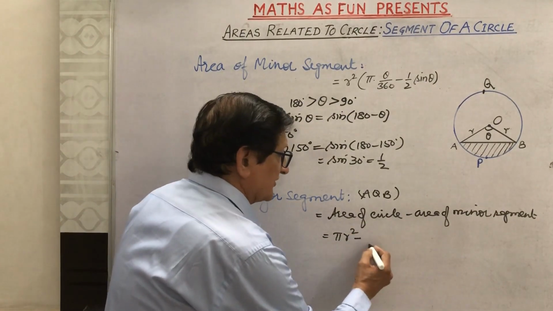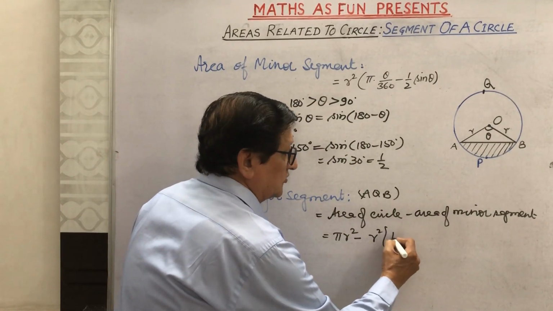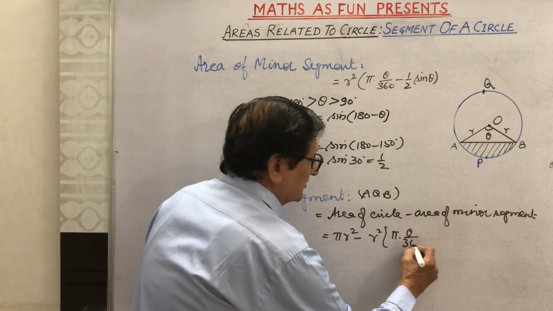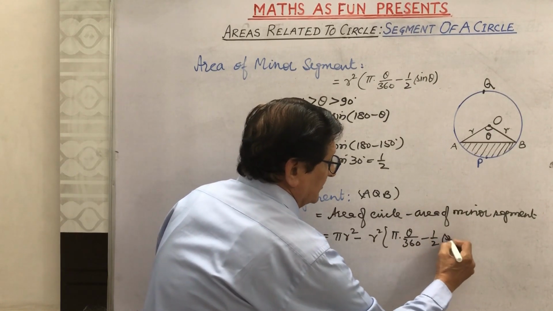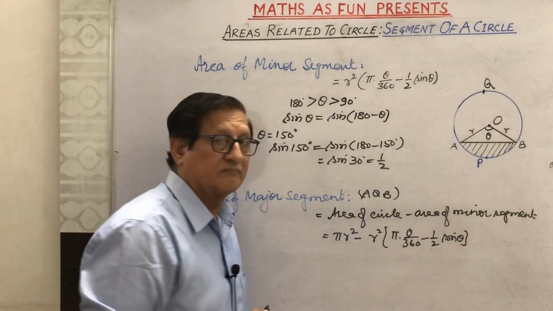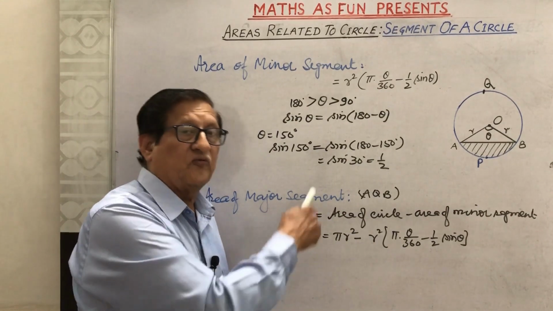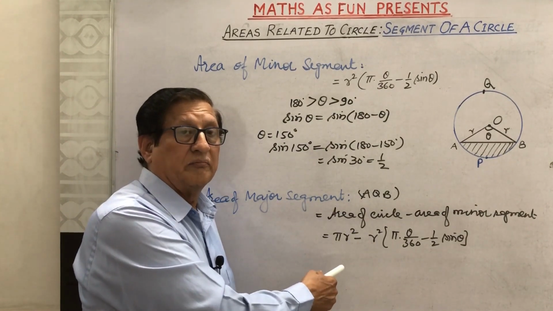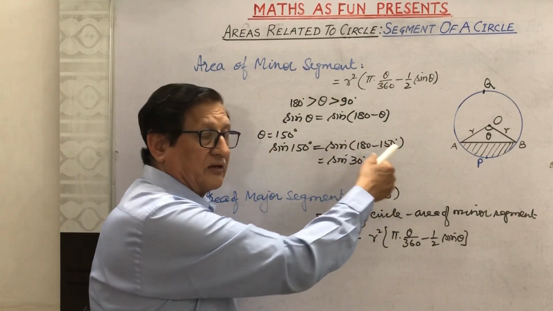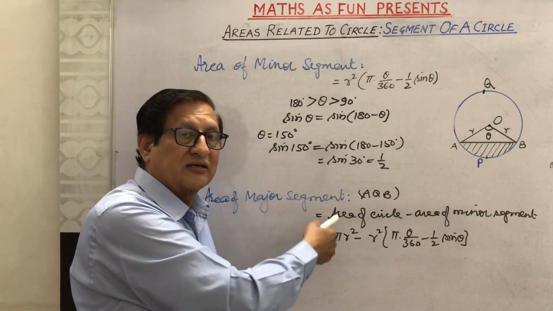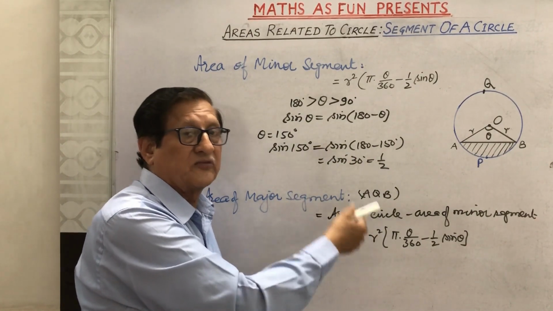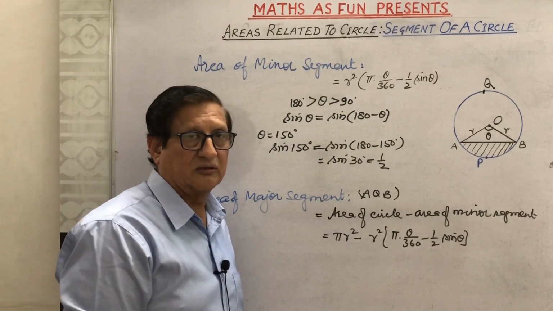And the area of minor segment, that is r square into pi into theta upon 360 minus half into sine theta. So the best way to find out the area of the major segment is that we find the area of the minor segment and subtract that from the area of the circle.